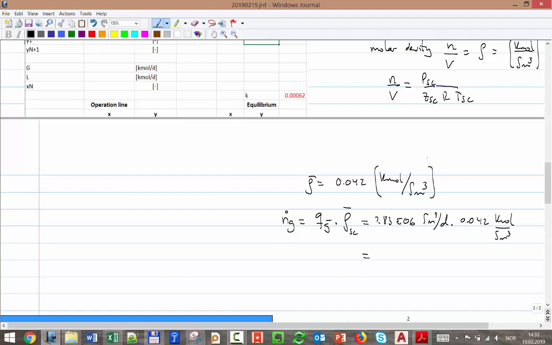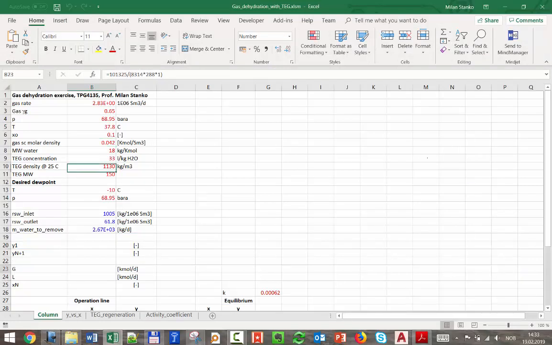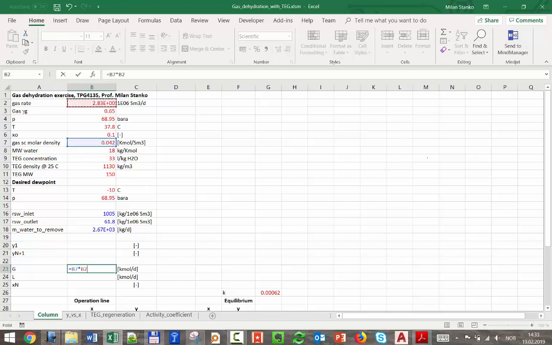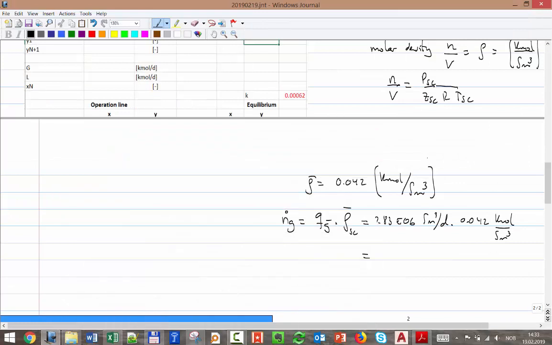That will be G, the molar density multiplied by the rate. Be careful, this is in millions, so I should multiply by 1e6. And I get 120,000 kilomole per day.